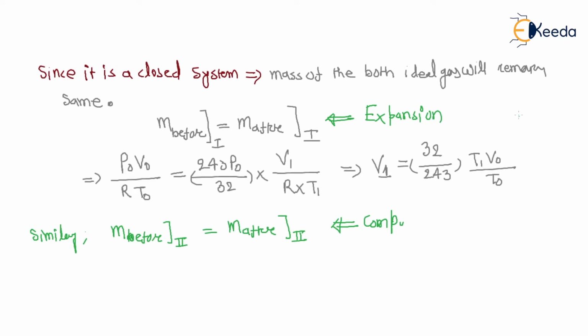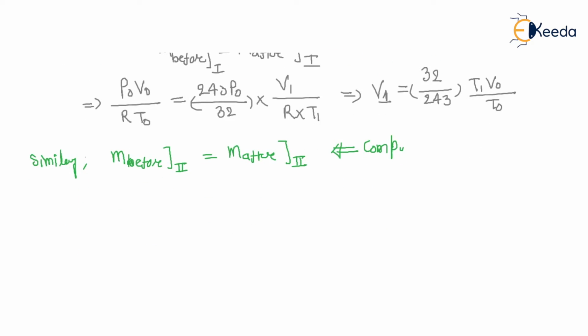So if you calculate, before: P naught V naught by R T naught, after: 243 by 32 P naught V2 by R T2.